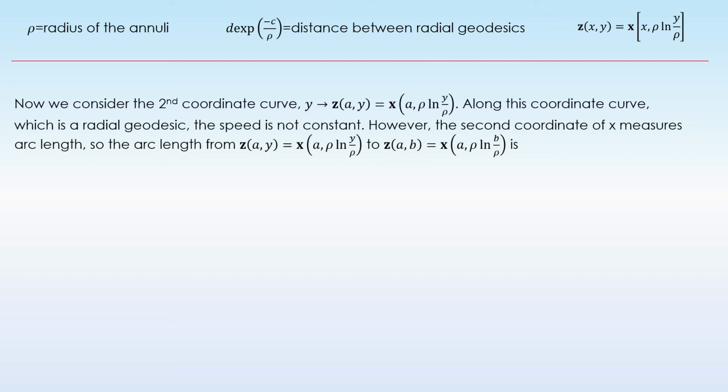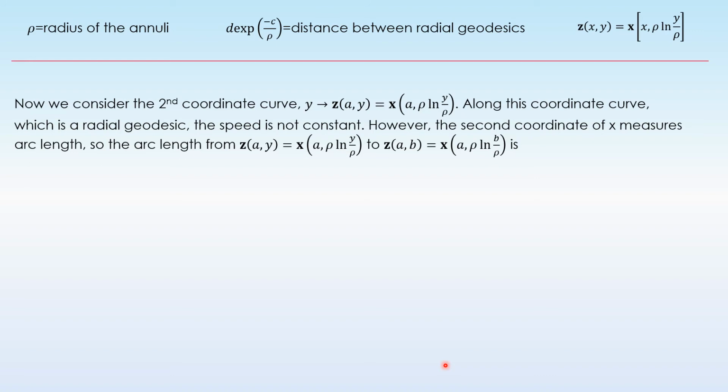Now we want to consider the second coordinate curve, where y goes to z of (a, y), which, using our definition here, means we're replacing y with ρ times the natural log of y over ρ. Along this coordinate curve, which is a radial geodesic, the speed is not constant.